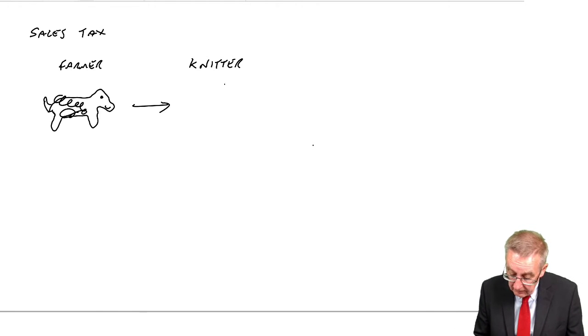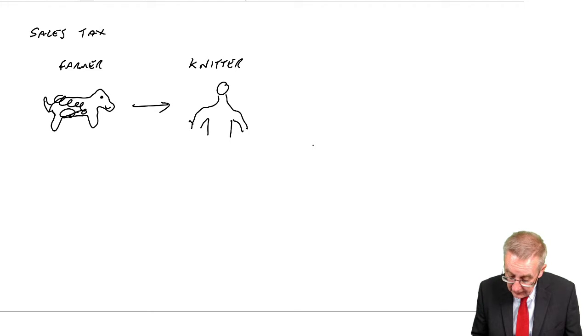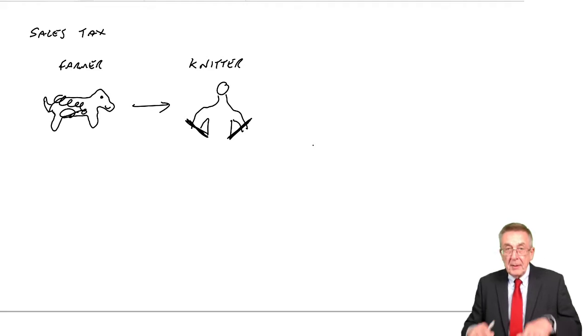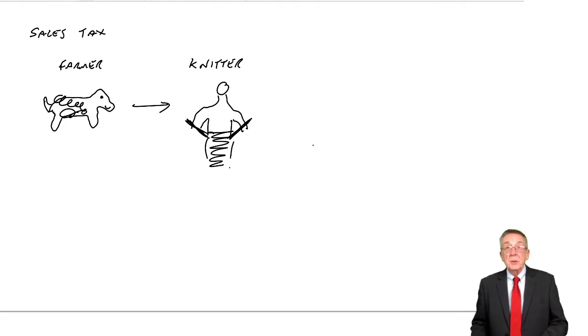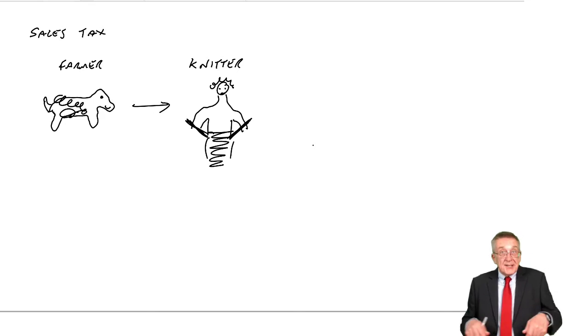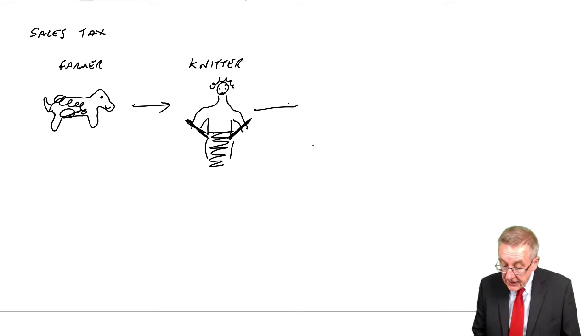Well, it'll be clear when I draw a picture, I suppose. Those people have needles and turn the wool into a jumper. And so the knitter knits a jumper and then sells it to the shop.